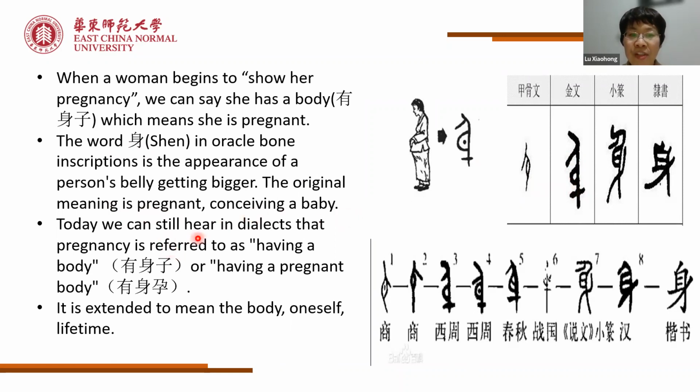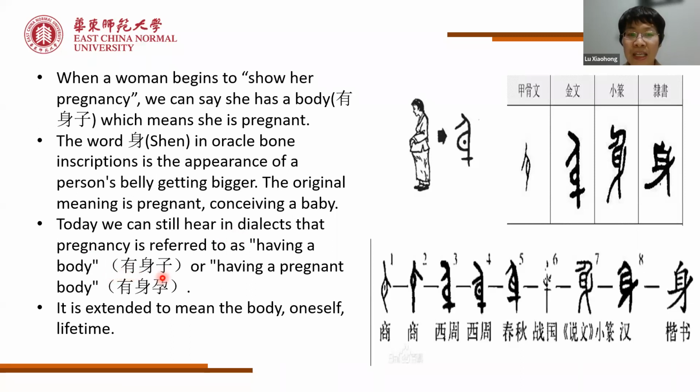Today we still hear people in their dialects saying so. When we want to express that somebody is pregnant, we say somebody has a body, or has a pregnant body, 她有身子.